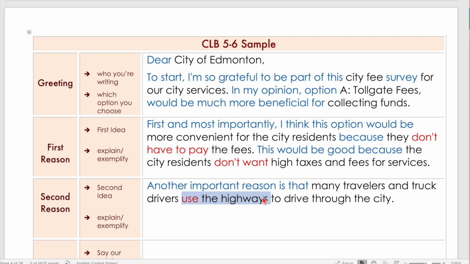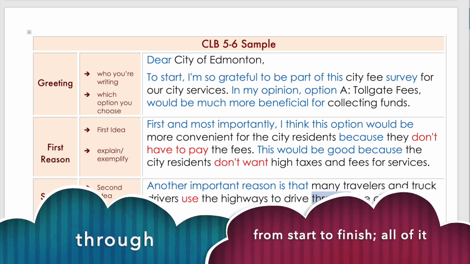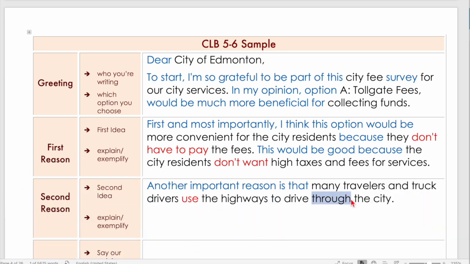Good. Yes, they use the highways to drive through the city. So you're going from one place to another place. So you use the highway and you go through the city. Go all of it. Drive through all of it.